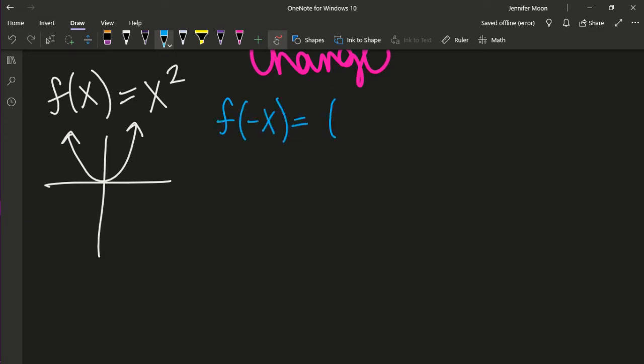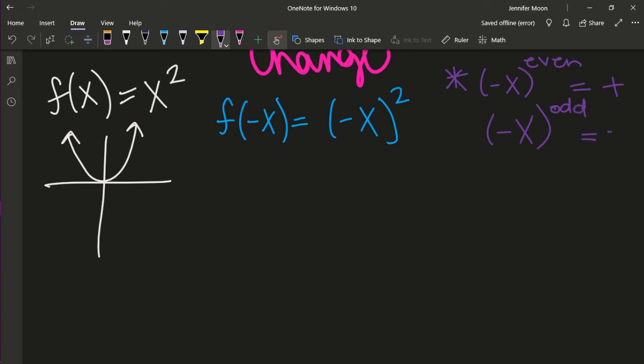So what this is saying is wherever you see an x, plug in negative x. And if you remember the hint from last video, if you have a negative x raised to an even power, you get a positive x. And if you have a negative x raised to an odd power, you get a negative x.